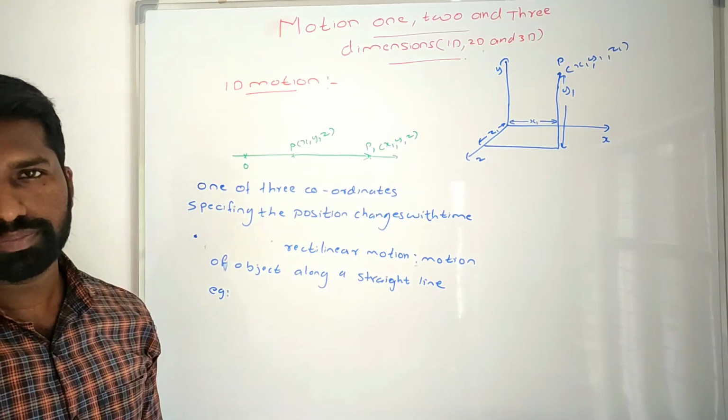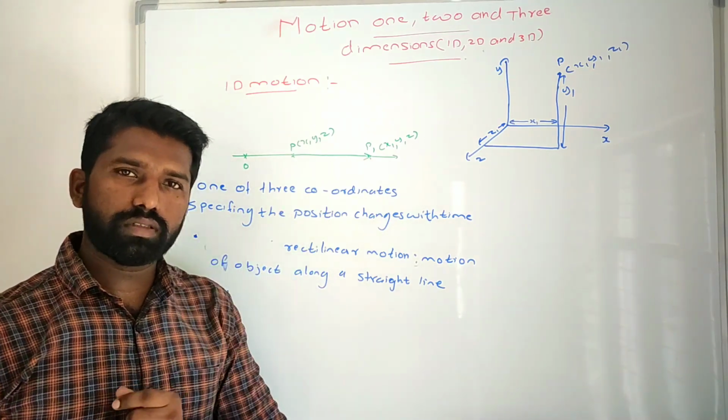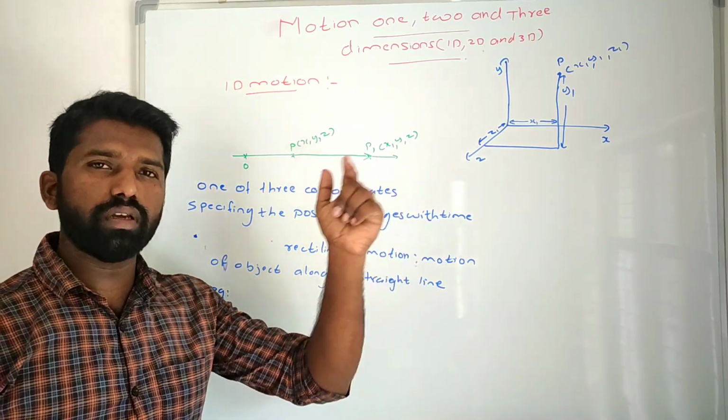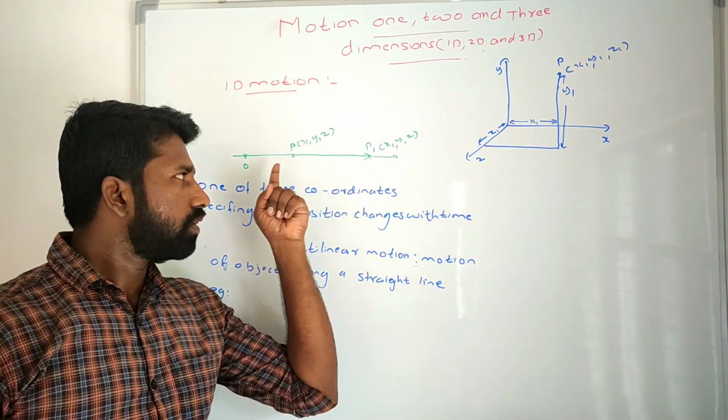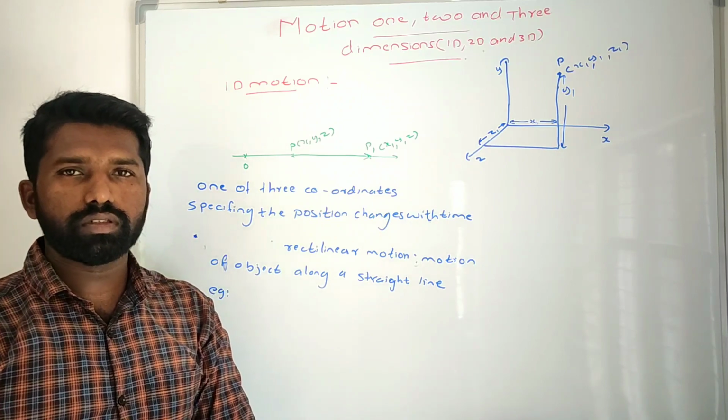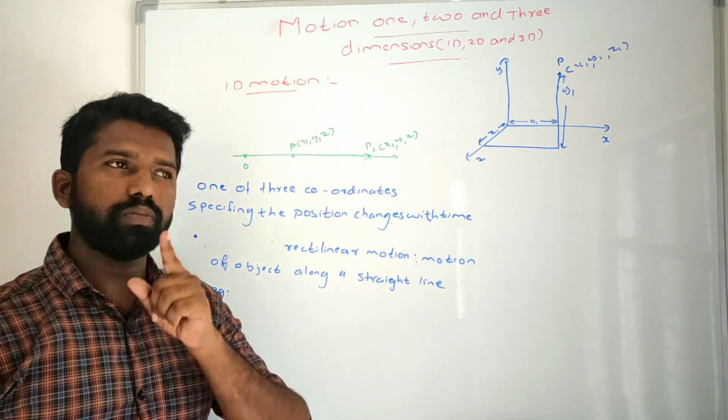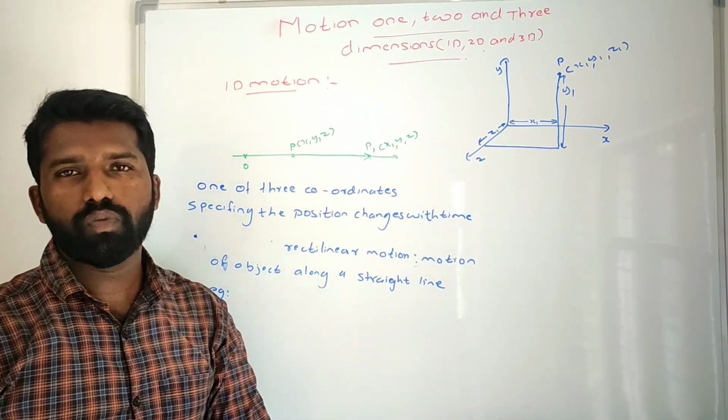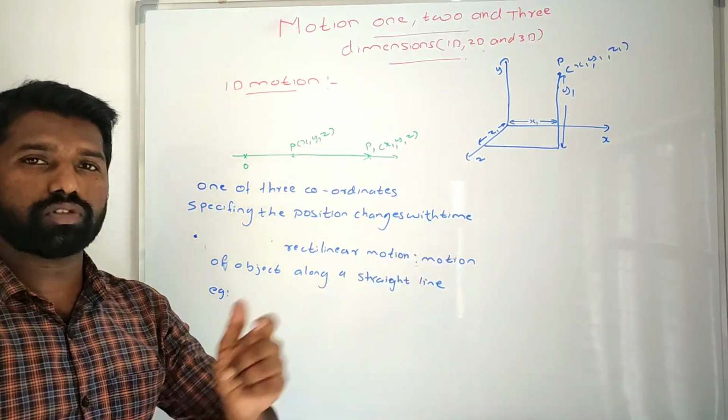What is an example? If a train is moving on a straight railway track, only one coordinate will change. So at that time we can say that the train is moving in a one-dimensional motion or straight line motion.